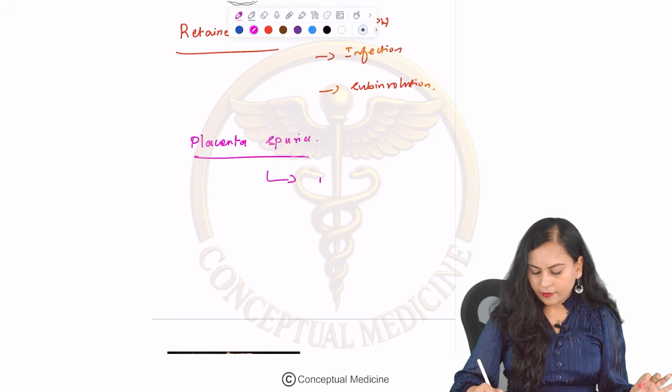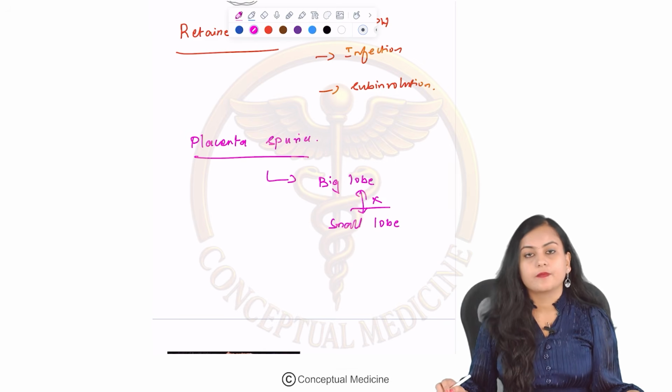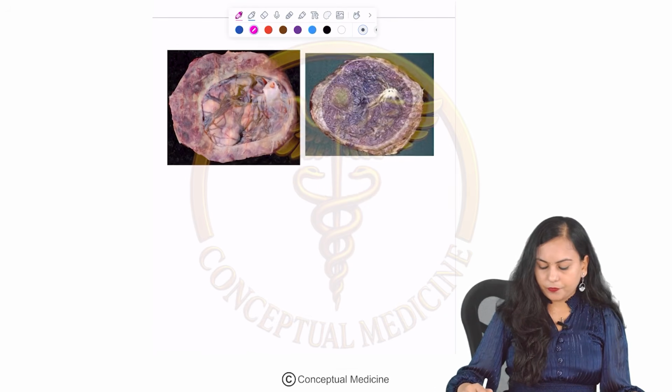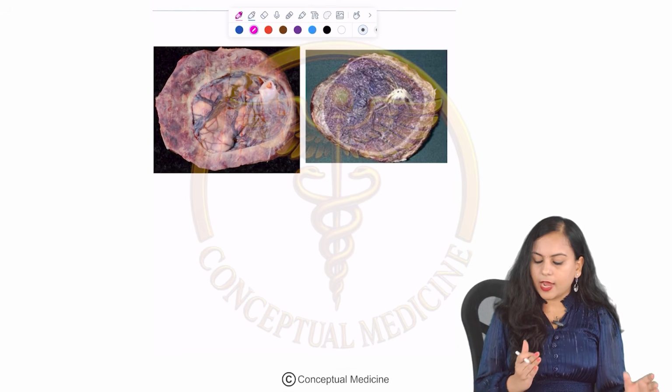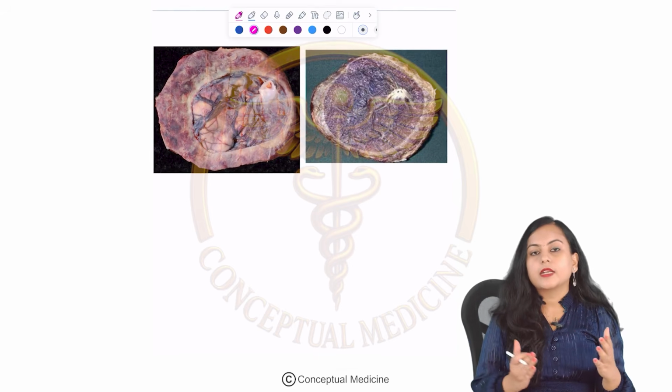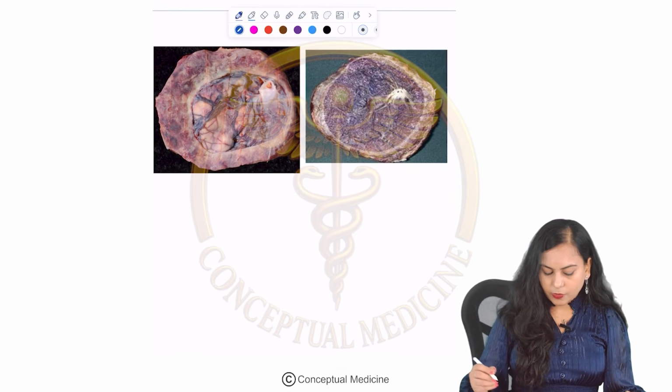So you have a big lobe, and you have a small lobe separately. The vascular connection is not present. That is placenta spuria. Clear? Now, these are two placentas which look almost similar to each other, but there are so many differences to note.